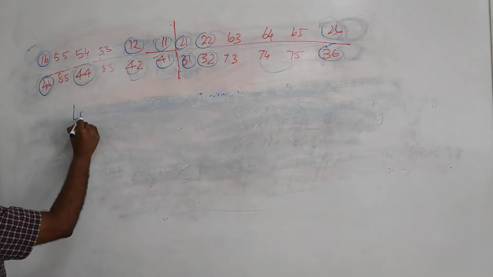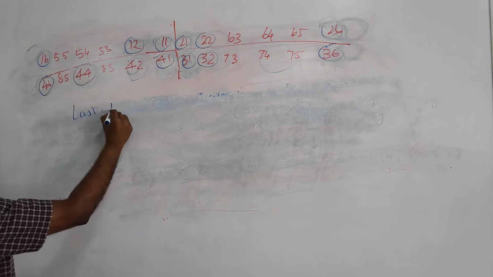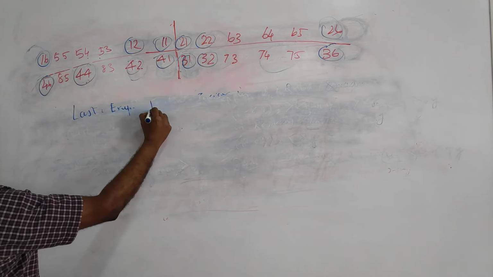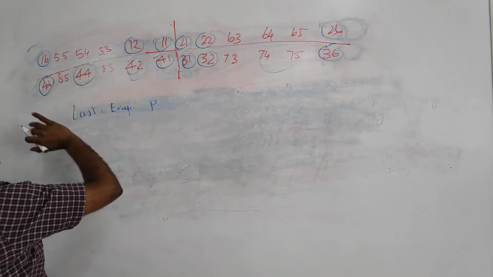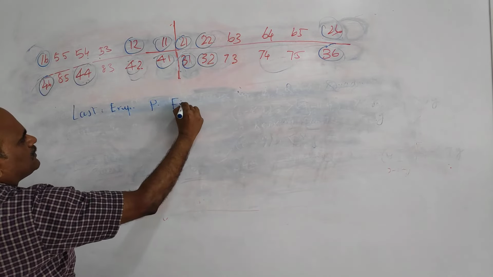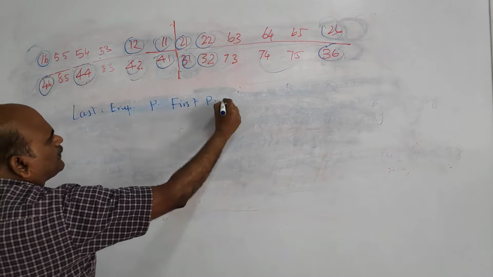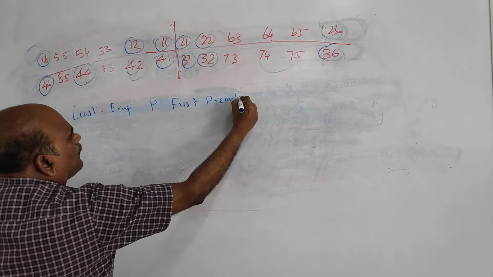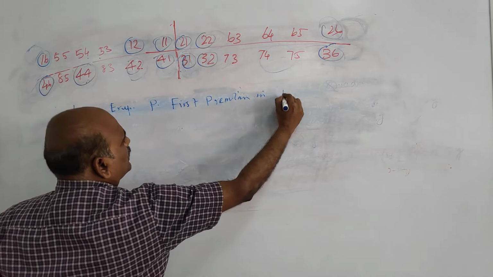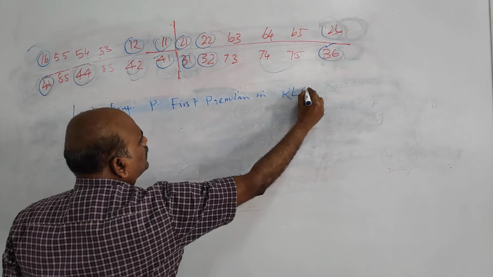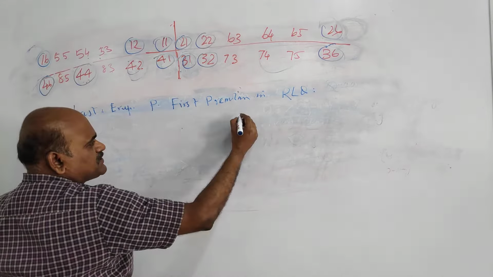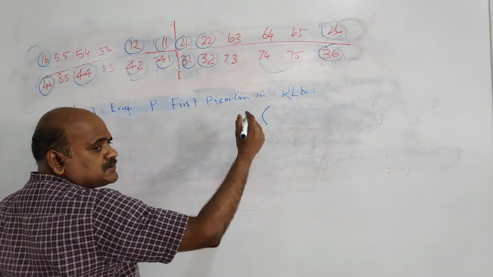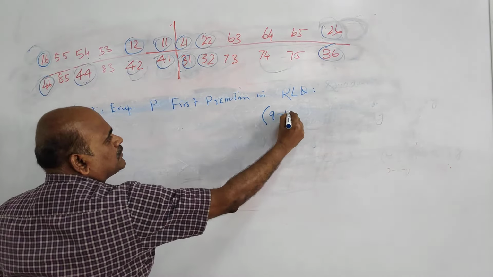So what is the last eruption of permanent? What is 4 4? Central, lateral, canine, first premolar, permanent first premolar. In which quadrant? Right lower quadrant. So what is the normal age of this first premolar? 9 to 11 years.